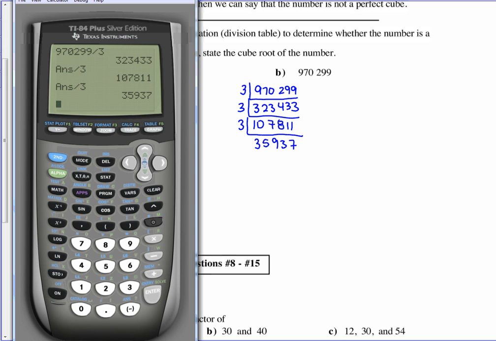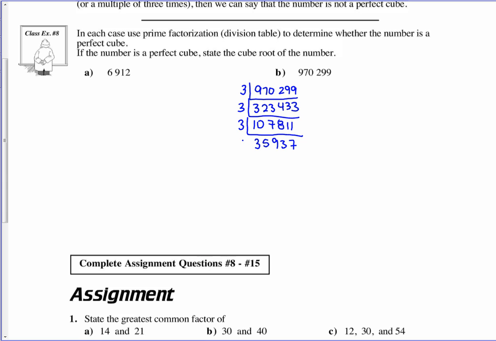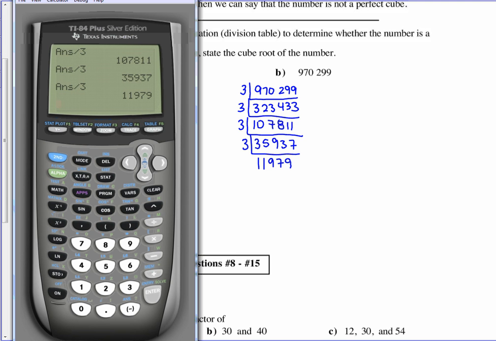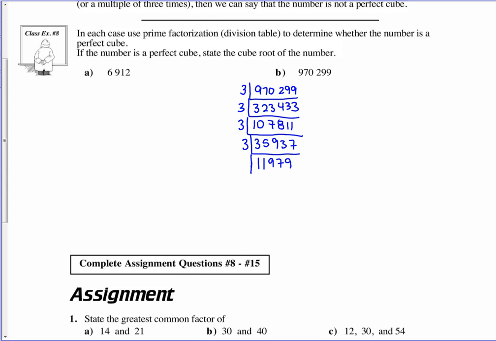Does 3 go in again? Yay! 3's popular today. 7, 9. I bet you 3 goes in again. Sure does. And again.